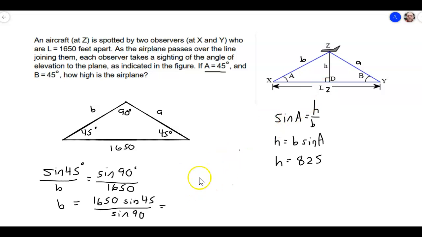So I could have just set up the formula a squared plus a squared is equal to c squared, or 2a squared, right? 2a squared is equal to this length here, 1650. We could have ended up finding the A or the B that way, and then finding the height that way.